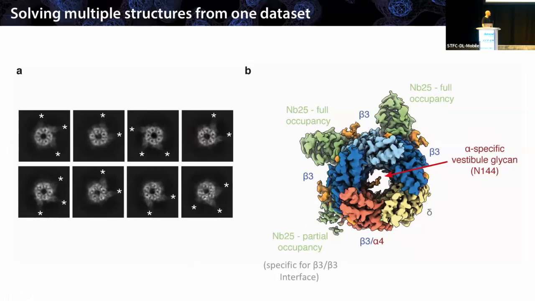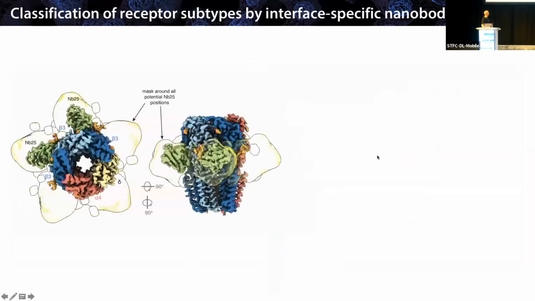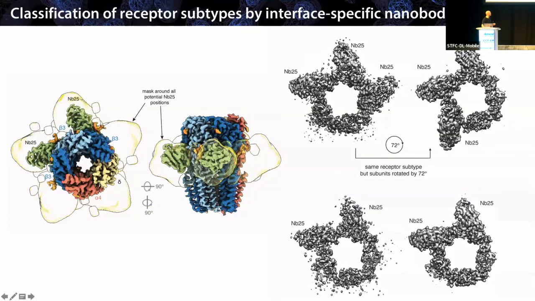So the first thing we do is we place a mask around all the fivefold symmetric positions of the possible nanobody binding sites. And if you do 3D classification without alignment, then you can clearly separate receptors which have 3 nanobodies bound and 2. In this case, you can also see that there is a register shift, which you can correct manually. But this does not provide full separation.